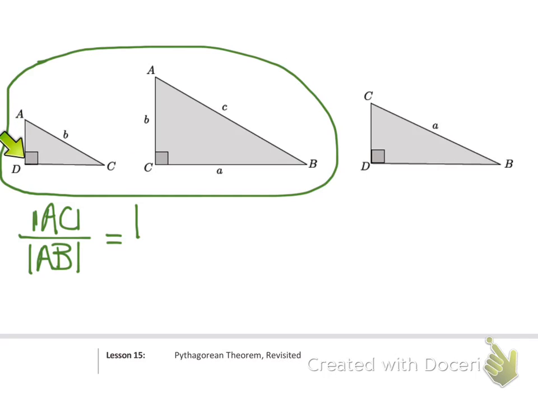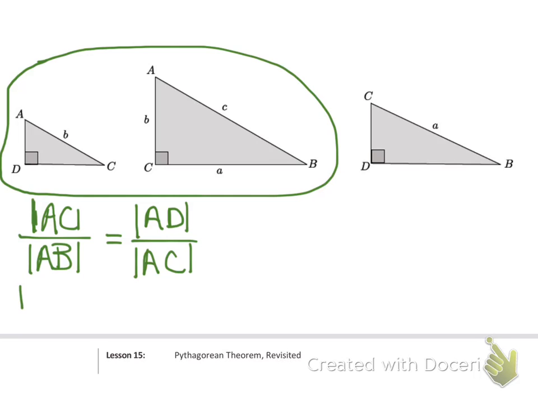So I've got AD proportional to AC, length AC. Okay, and I want to simplify that, so I want to kind of cross multiply.